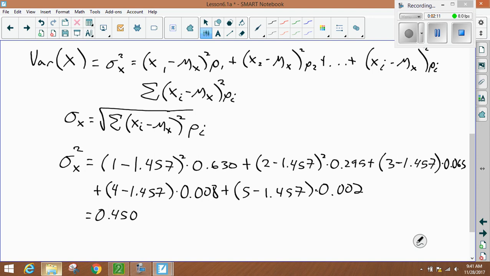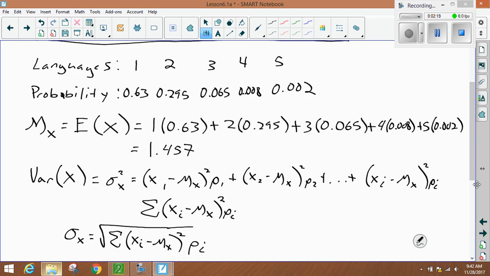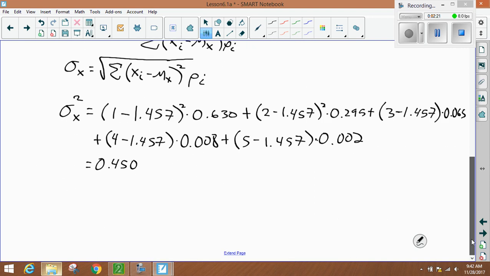Let's calculate the variance first, my bad. So that is our variance. We're going to have to go ahead and take the square root. So that means that the standard deviation of x is going to be equal to the square root of our variance, which turns out to be 0.671.